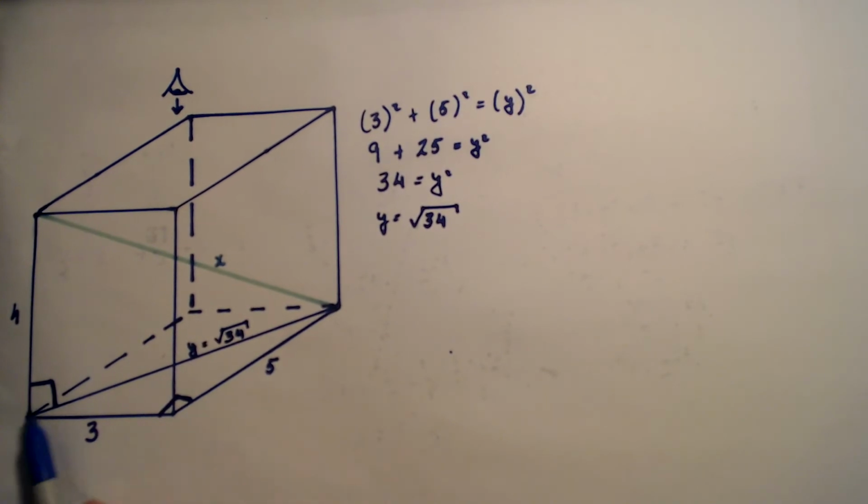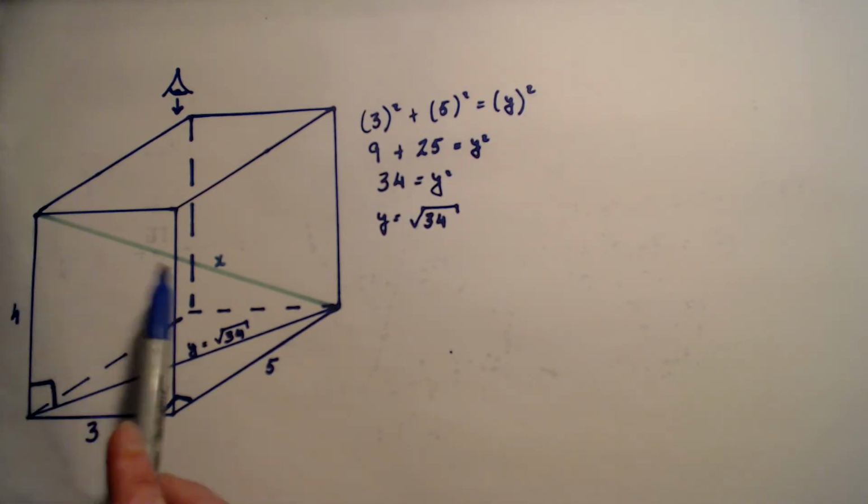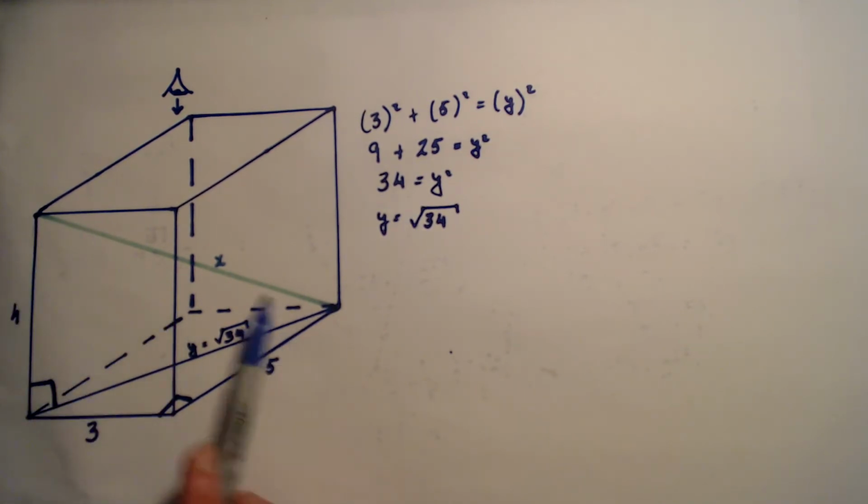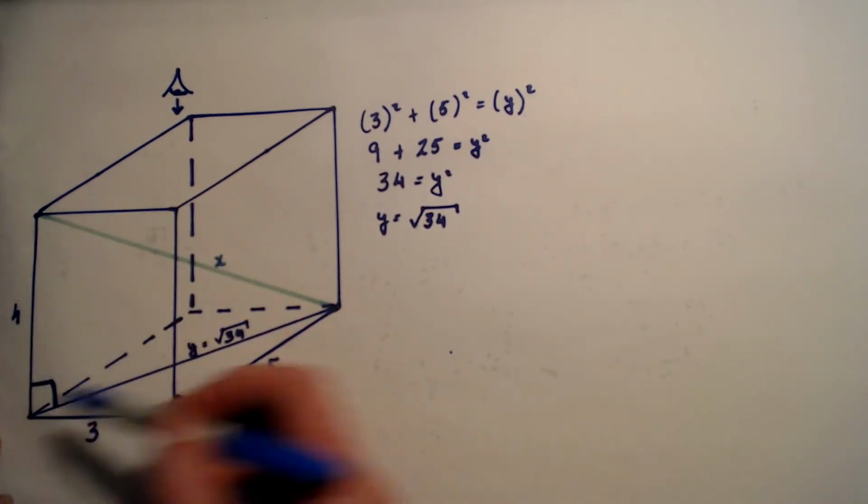Okay, now because I know this distance, which I just calculated, and I was given this distance of 4, I can now use these two and the Pythagorean theorem again to solve for x. I have a right triangle here.